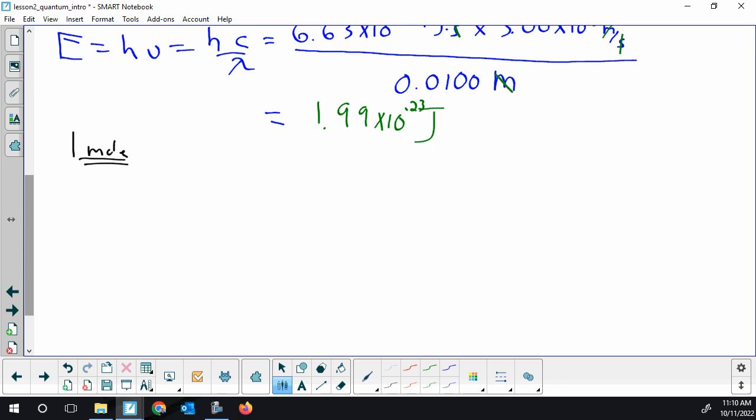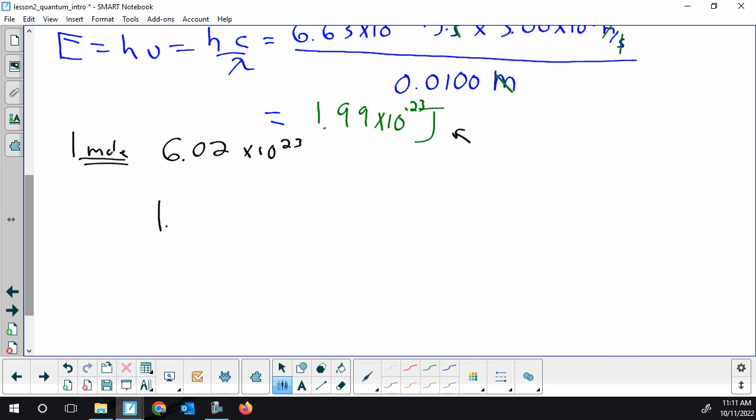Okay? A mole is just 6.02 times 10 to the 23 of anything. So instead of having one quanta from a microwave, if we had a mole of quanta from a microwave coming off, we just have to multiply that green number by a mole.